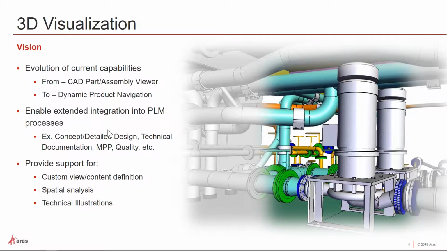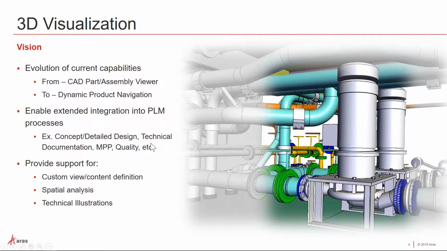In order to do that, we know that we need to provide an environment or a framework that allows for a certain level of content definition and view definition. So allowing our end users to control what shows up in the 3D view as well as how it's rendered.